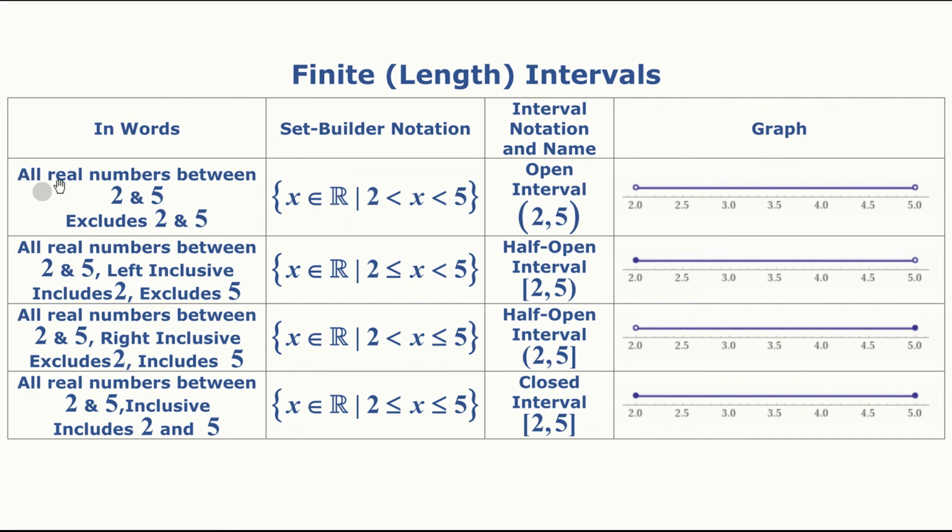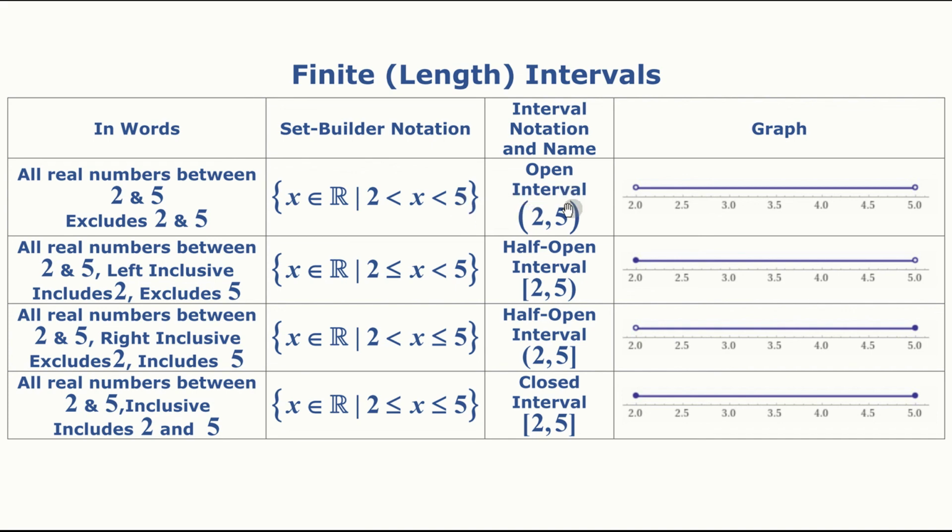So here we're looking at all real numbers between 2 and 5. This, of course, would exclude 2 and 5, this set. So basically in set builder notation, that's all x belonging to R such that x is between 2 and 5, just like that.